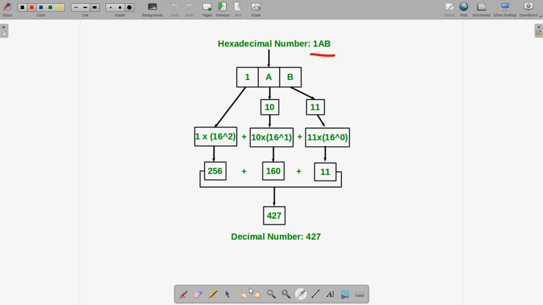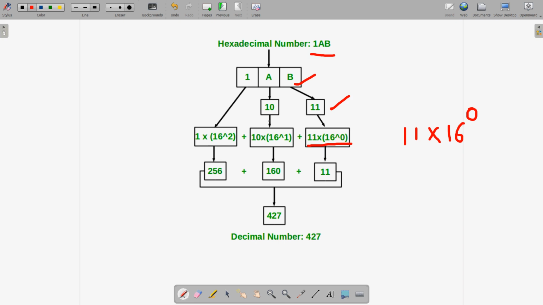Clear? So now we will multiply this with the increasing power of 16. B is denoting 11. So now 11 is multiplied with what? 16 power 0. This we have done. Here it is written 11 into 16 power 0.